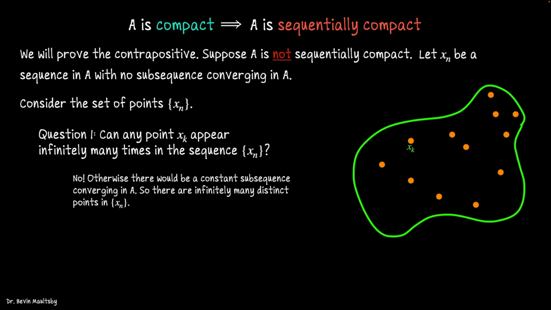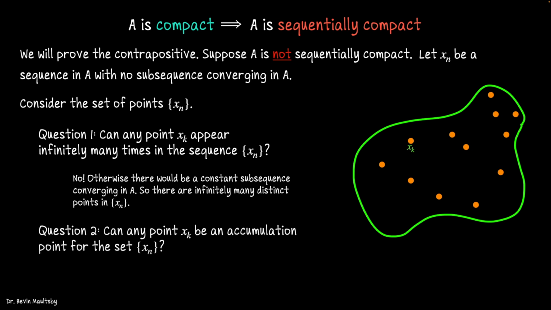So that means that this image I have here over on the right really should have infinitely many distinct points. Some of those points might appear like 8 times in the sequence, but since none of them can appear infinitely many times, we must have infinitely many different sequence terms. So in my set A, imagine infinitely many orange dots.